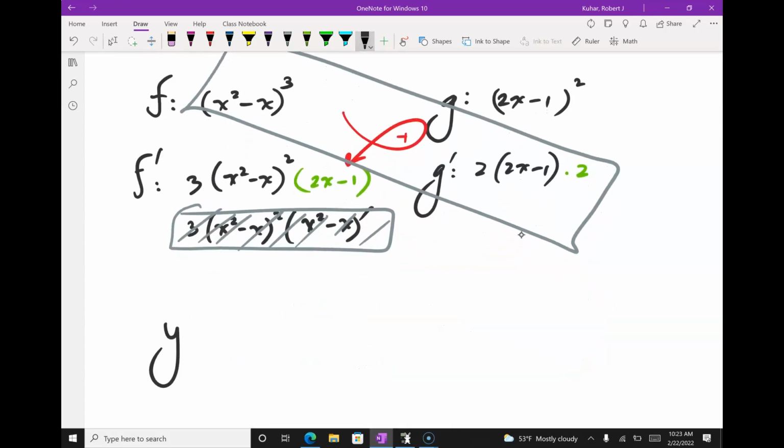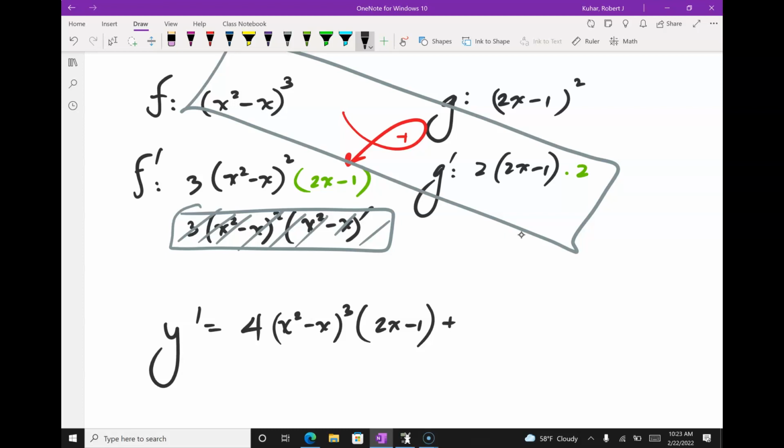So for y prime, I'm going to get 4 times (x squared minus x) quantity cubed times (2x minus 1). Everybody see where I'm getting that from?